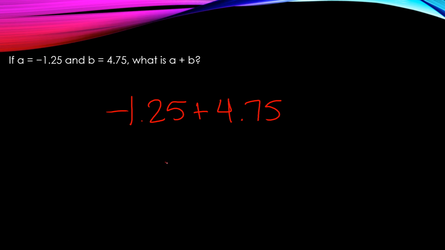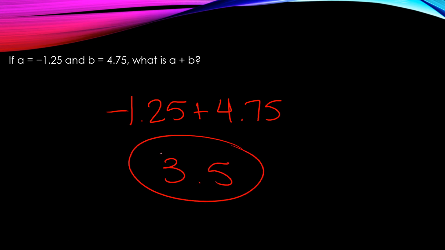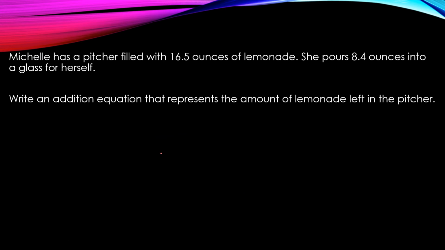All right. Our next one says that Michelle has a pitcher filled with 16.5 ounces of lemonade, and she pours 8.4 ounces into a glass for herself. We want to write an addition equation that represents the amount of lemonade left in her pitcher.